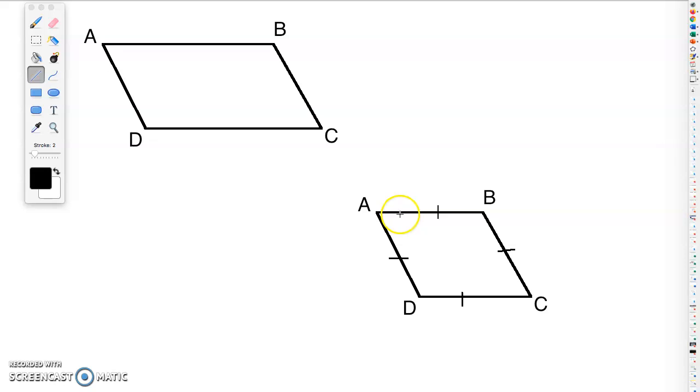And the top and bottom side are parallel to each other, and then the left and right side are also parallel to each other. Okay, so that's a rhombus.